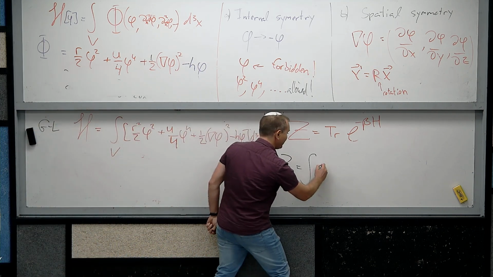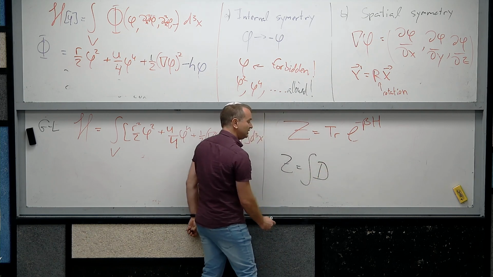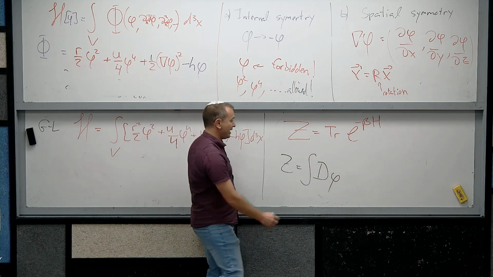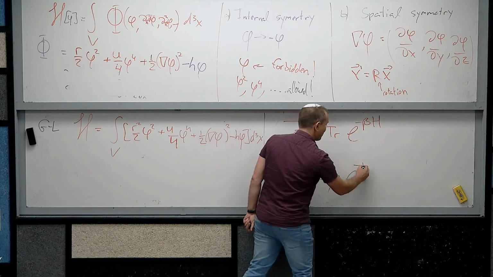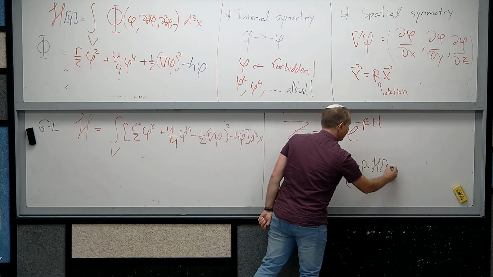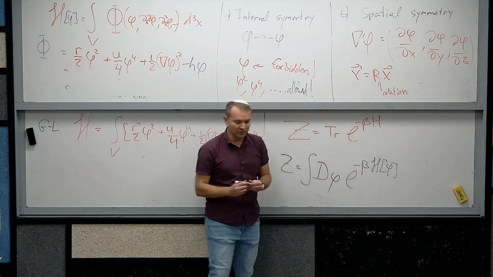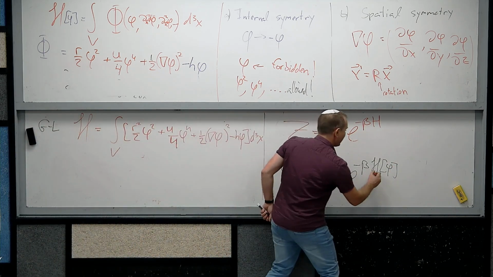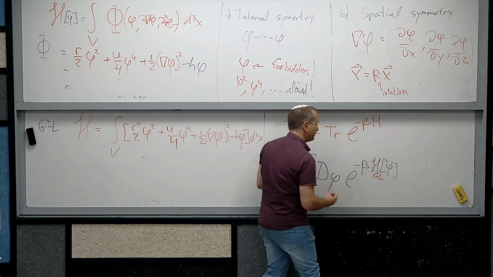So I put it here with some sort of D of phi. And here I have e to the power minus beta h phi. And since we are dealing with Ginzburg-Landau Hamiltonian, here I have Ginzburg-Landau.